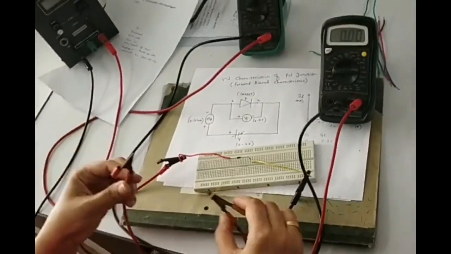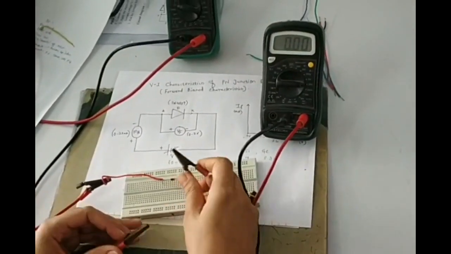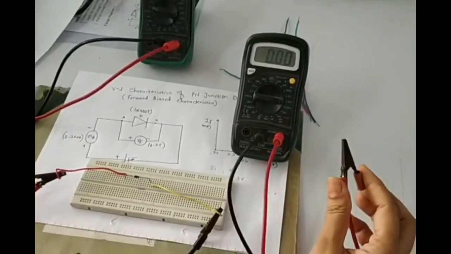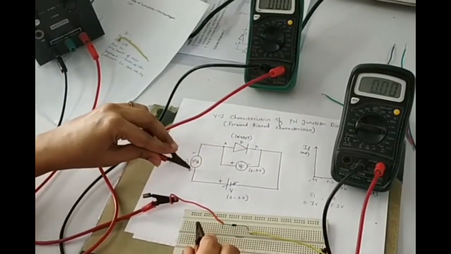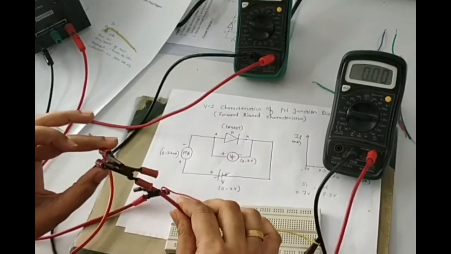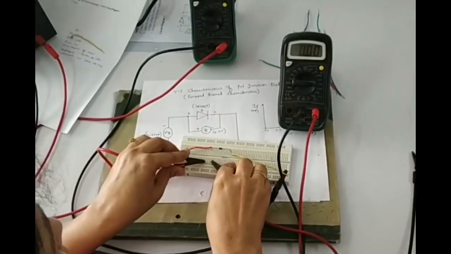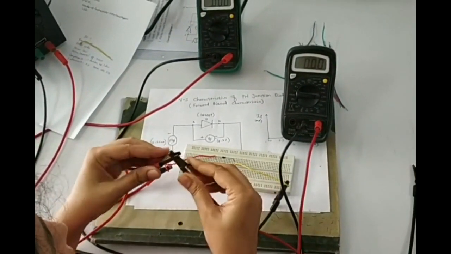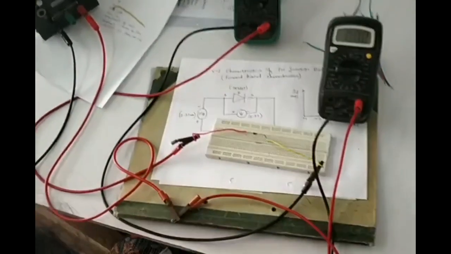Okay, so here the positive terminal of our power supply and the positive terminal of the DMM are going to connect to each other. If you want you can connect them on the breadboard also by taking a wire, but here I am not using one, to avoid extra wire connections.